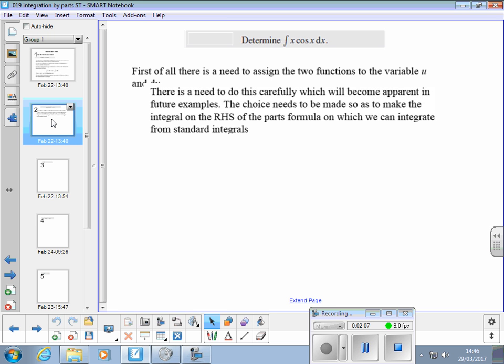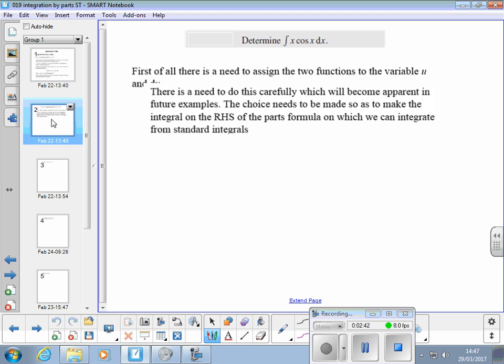There may be a reason why you need to select the right one for the right variable. We'll show why that happens later on. The idea is that you make the choice so that the integral on the right hand side of the parts formula is one we can integrate from standard. It's not necessarily an arbitrary decision.